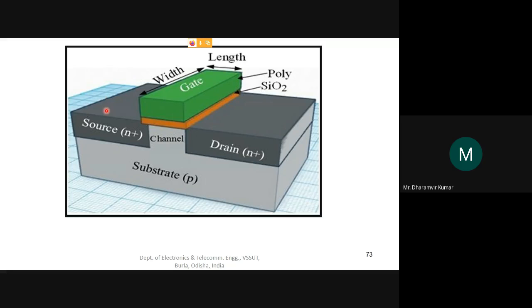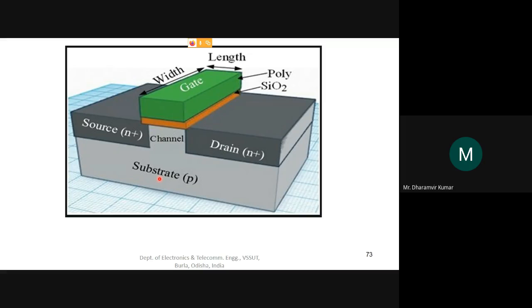So we have this source terminal that will be coming out, and this is the controlling terminal. We call this the gate terminal, and this is the third terminal. We call this the drain terminal. And we also have the fourth terminal called the body or the substrate terminal, which is this one.